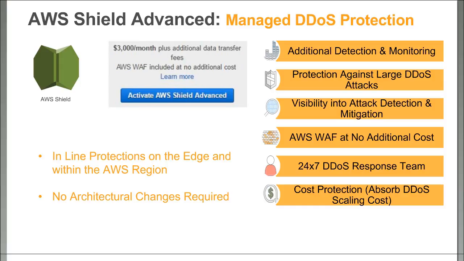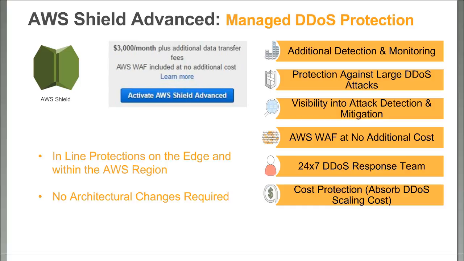You get access to our 24/7 DDoS response team, a team dedicated to working with our customers directly when incidents of DDoS are occurring. We also provide cost protection, economic protection to absorb DDoS scaling costs.